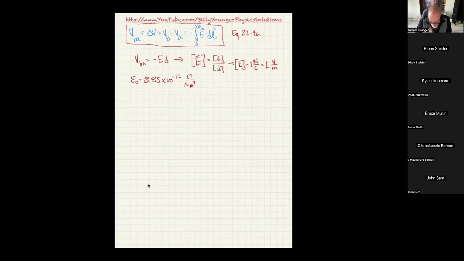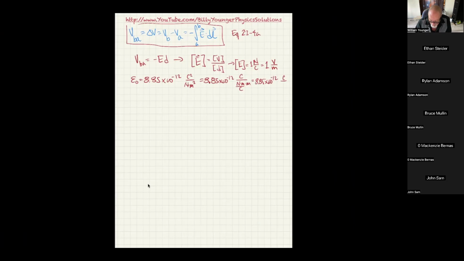If I take one of those coulombs and put it in the denominator instead of the numerator, I get coulombs over Newton meters times meters, or rather 8.85 times 10 to the negative 12th coulombs per Newton meter times meter.